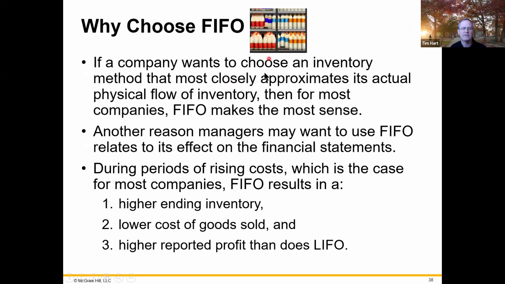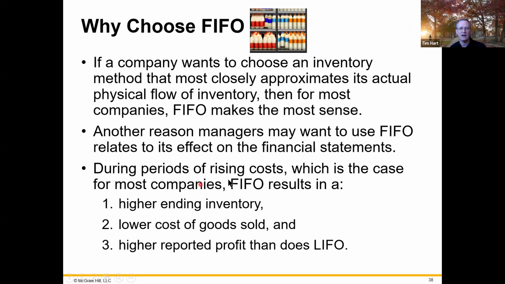Okay, so why choose FIFO and the milk method, oldest milk being sold first? If they want to choose an inventory method that most closely approximates its actual physical flow of inventory, then choose FIFO. Another reason is its effect on financial statements, right?